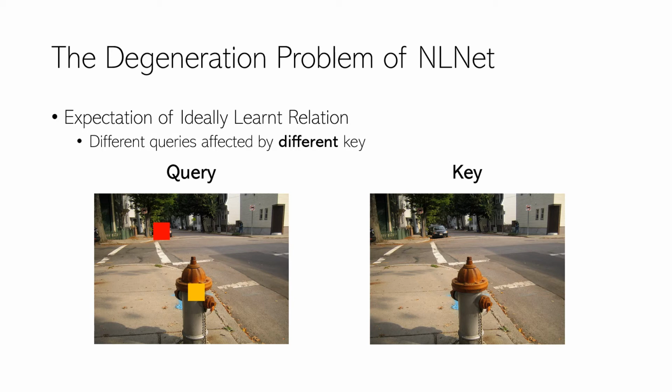A red query is on a car, and a yellow query is on a fire hydrant. The right image shows some key points colored in green. We expect the car query pixel mainly affected by these two key points, and we expect the fire hydrant query pixel mainly affected by these two different key pixels.